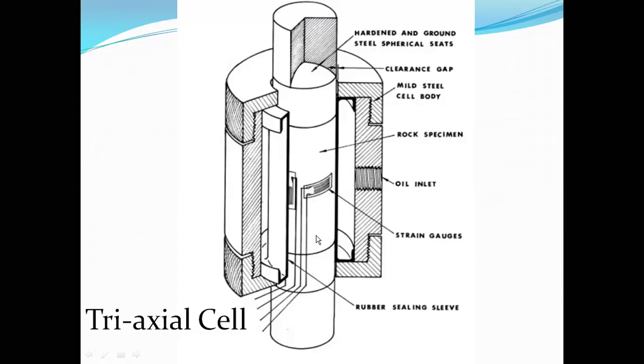These are strain gauges, if they want to measure, attached to the cell to measure the deformation of the rock specimen. Next, this is the rubber sealing sleeve, the rubber membrane. So this diagram basically represents the cross section of the triaxial cell.